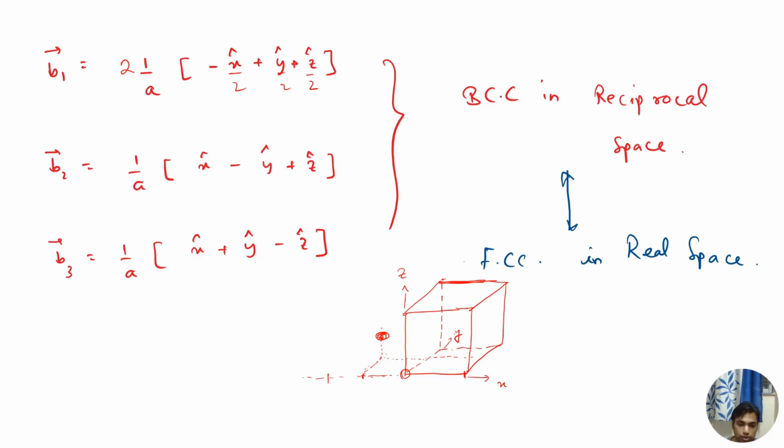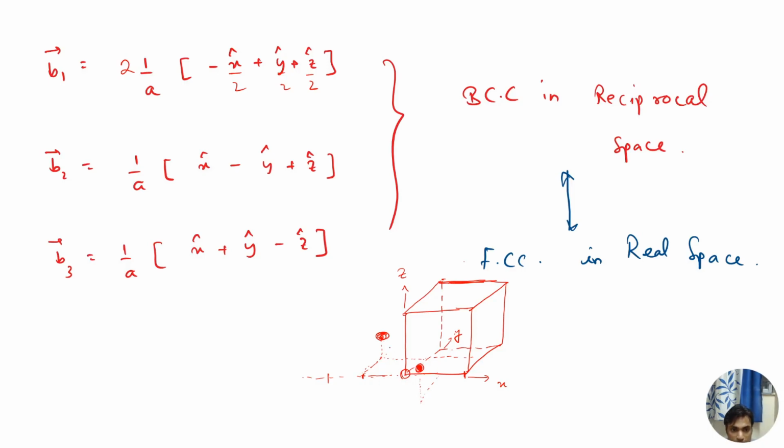Similarly for B2, it is plus x cap, but now minus y cap and plus z cap. So you are reaching the body center of the neighboring cube, along the direction of minus y cap. I hope this point is getting clear.